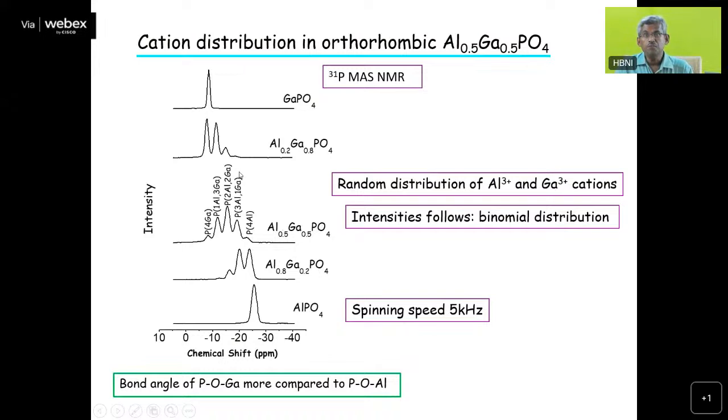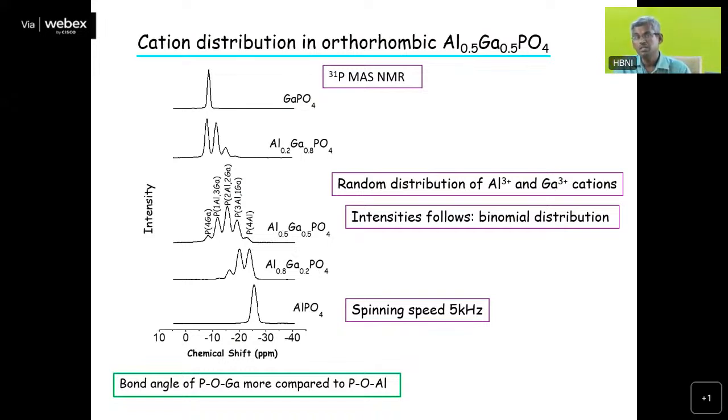This, in fact, one can predict. How will we predict it? Suppose I gave a solid solution of aluminium 0.1, gallium 0.9 and phosphate. What will be the NMR pattern? The intensity can be predicted from a simple expression. Probably I will solve one problem today in the class, and then for other compositions you have to try at your home, and otherwise I will give it as an assignment, so you can try leisurely and submit to me.